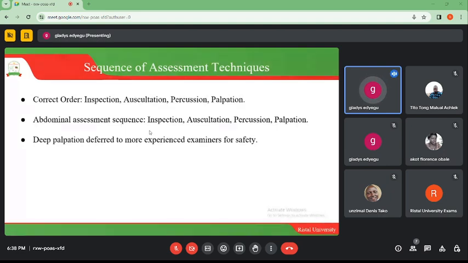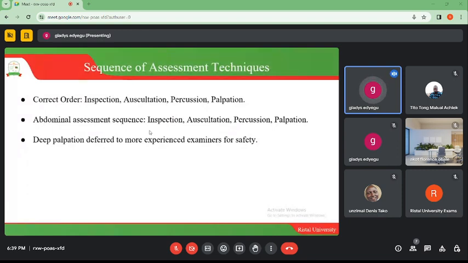Then the palpation deferred to more experienced examiners for safety. So when you're doing deep palpation, it should not be so deep that you compress the internal organs and then you cause more damage.